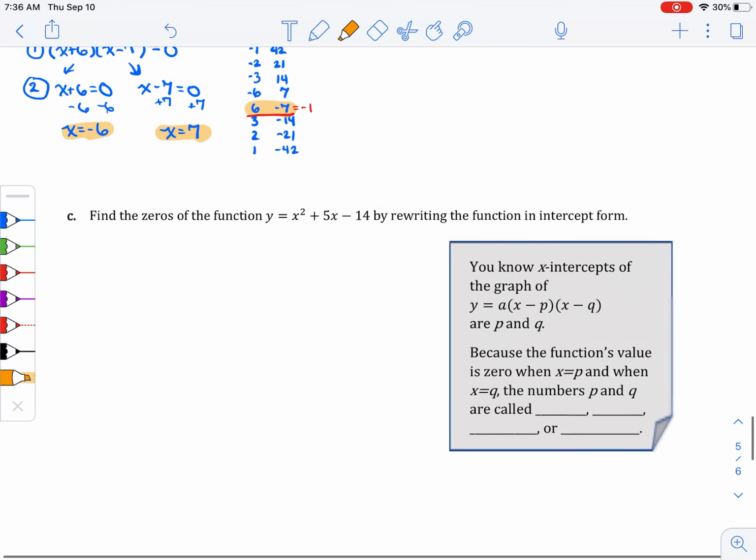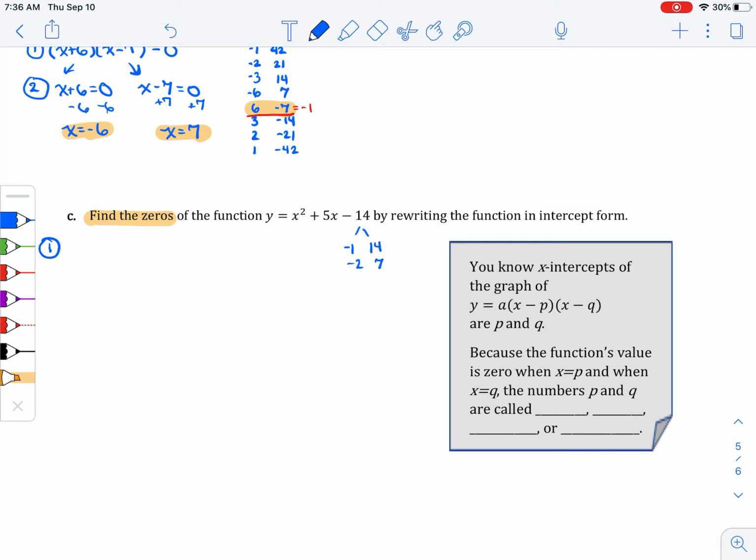For part C, this time it asked us to find the zeros, and it has not set the function equal to 0 yet. So we will have to set the function equal to 0, but we're going to start by just factoring this. So negative 14 would be negative 1, 14, negative 2, and 7, 2, negative 7, 1, negative 14.